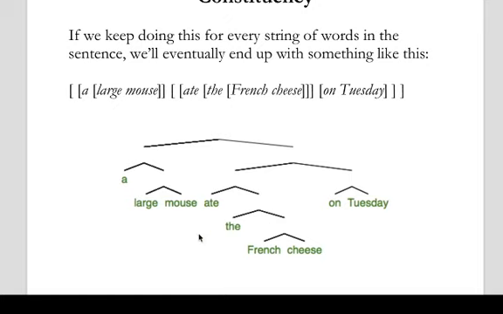So for instance, ate the French cheese. We saw this earlier with never eat a hamburger. The distribution of that phrase across different kinds of sentences in English is going to be determined by the verb eat and not by the determiner the, the adjective French, or the noun cheese. So in this node here, the constituent that contains all of these, we're going to write that it's an eat phrase, or a verb phrase, right?